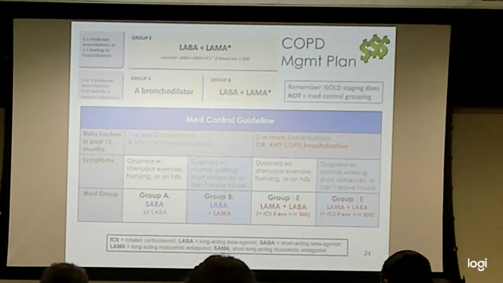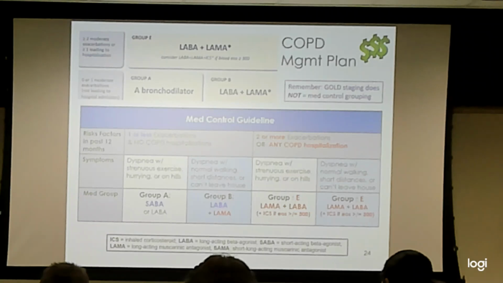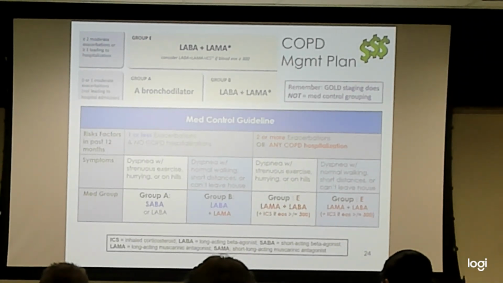So we're just going to use a short-acting beta agonist or a long-acting beta agonist. So a bronchodilator. Now when we get to the second group, now we're saying use the combined medication. But you can also use them separately if the patient can't afford the new medication.